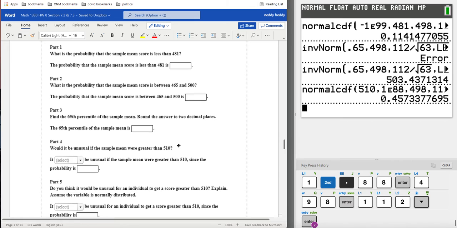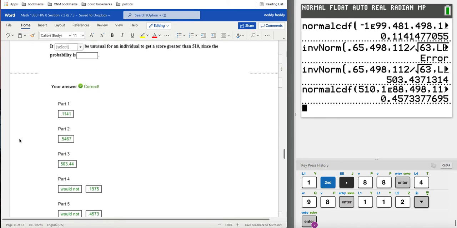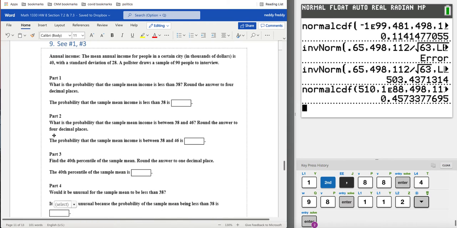Number 8. So it's asking, is it unusual? And since that is more than 0.05, then no, it is not unusual. So I think that's all that comes up in these. Yeah, sample mean.